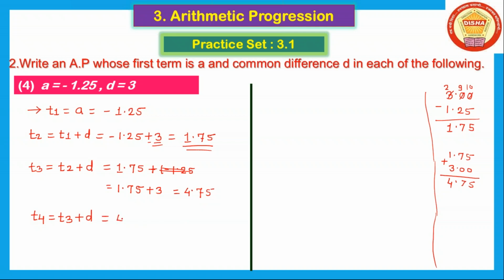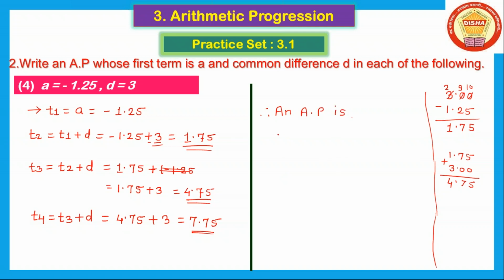Okay. Then we are finding here the fourth term, that is equal to T3 plus D. The third term is 4.75 and the common difference is here 3. Then the addition of both is 7.75. Okay. Then below that we write here an AP. What is that?